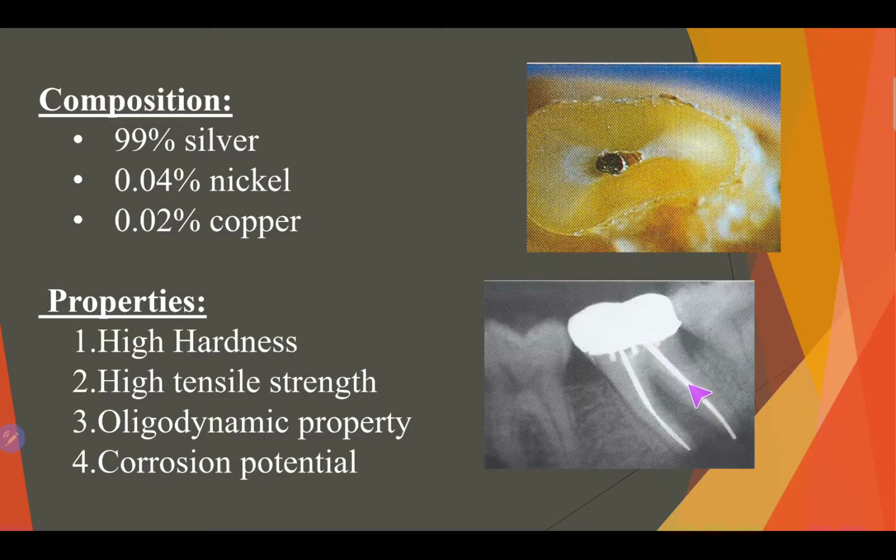But the problem is the corrosion potential of the silver. And it has toxicity. So nowadays they are using silver in a nanoscale, nano silver particles, to overcome the toxicity and the disadvantages of the silver.